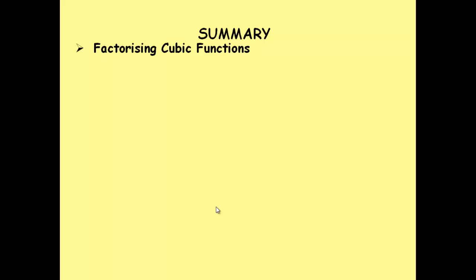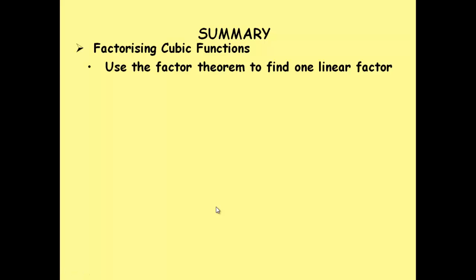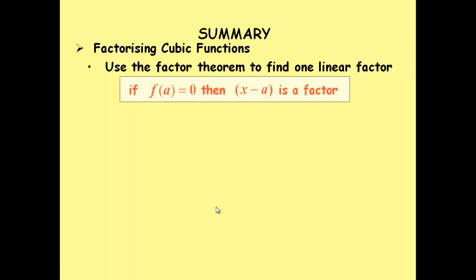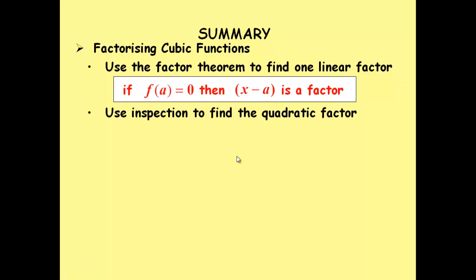So to summarise, to factorise cubic functions we use the factor theorem to find one linear factor, and this is the factor theorem. If f of a equals 0, so when we put a in instead of x, whatever a is, and we get 0, then x minus a must be a factor. We find the quadratic factor by inspection.